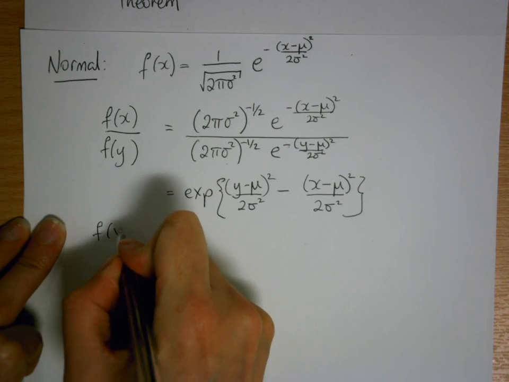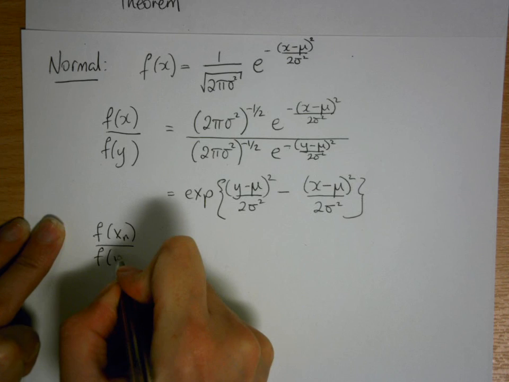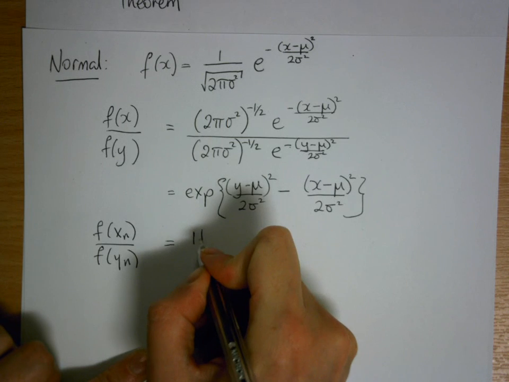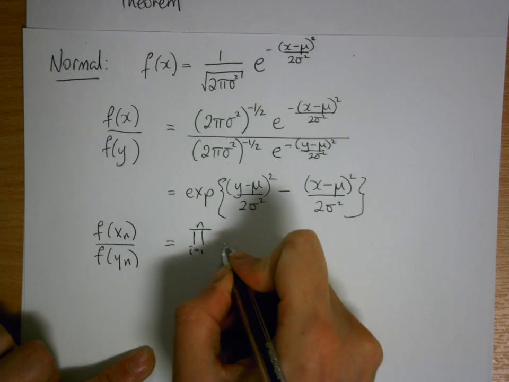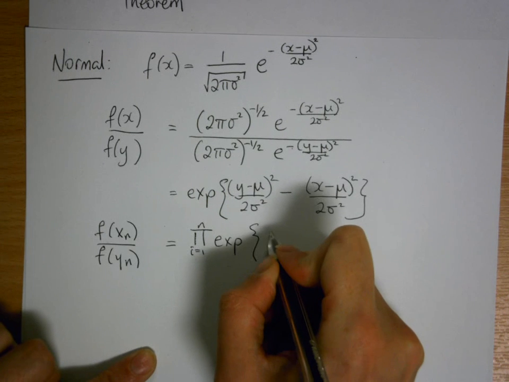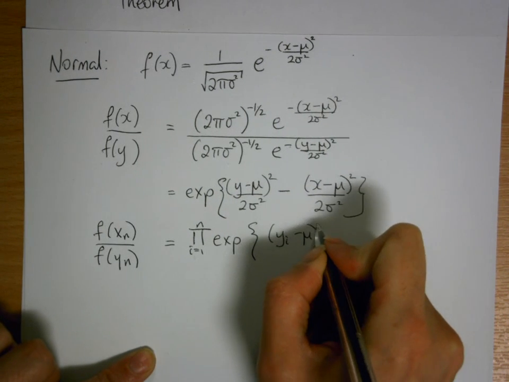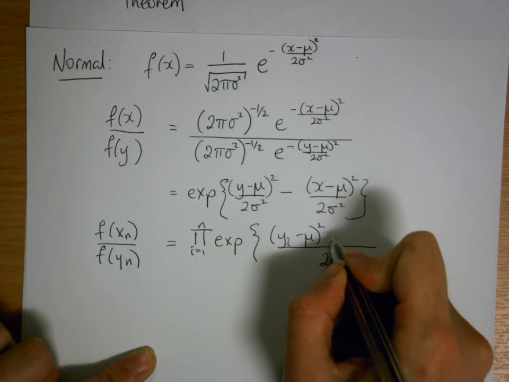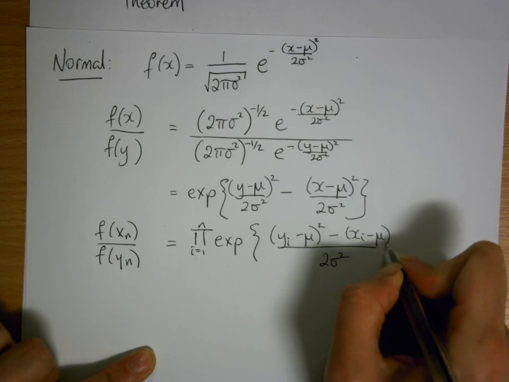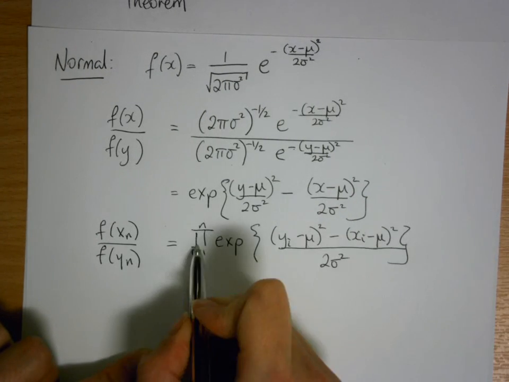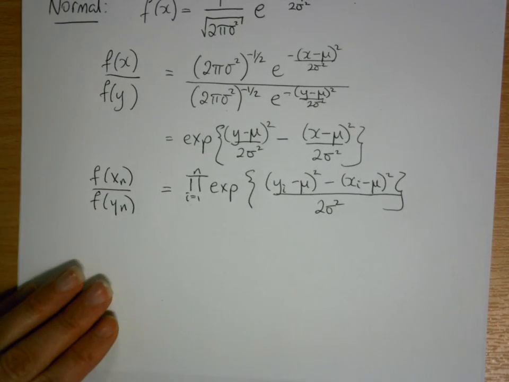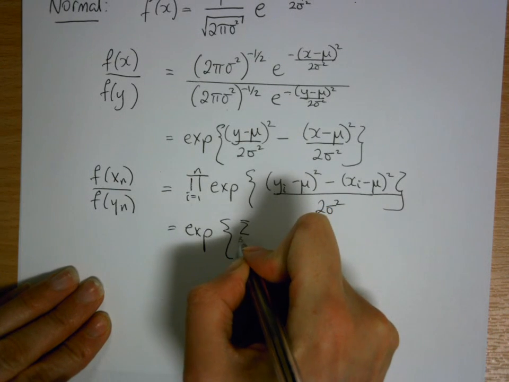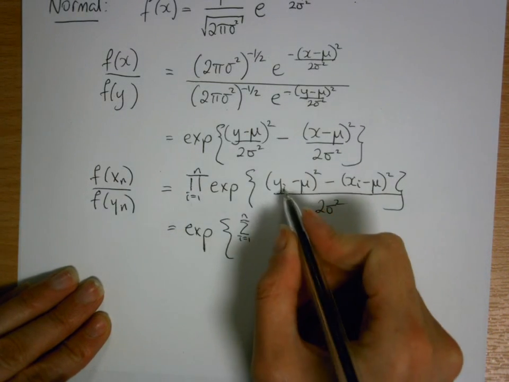So if we think in terms of a vector of observations instead, it becomes the product from i equals 1 to n of the exponential of what we've just had, (yi minus mu) squared over 2 sigma squared, which is common, minus (xi minus mu) squared. And if we bring in this product, it becomes a sum. So we have the exponential of the sum from i equals 1 to n, and we square these terms out.